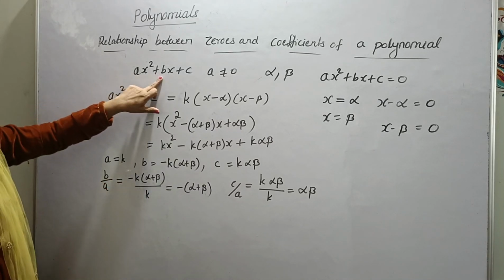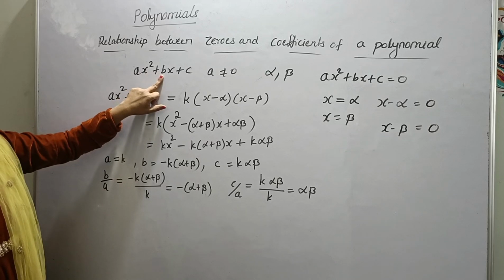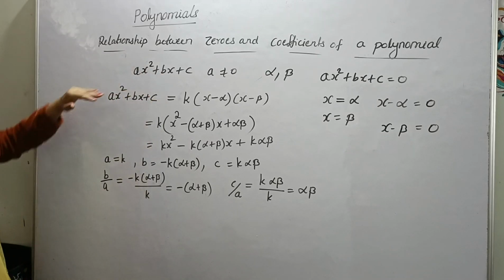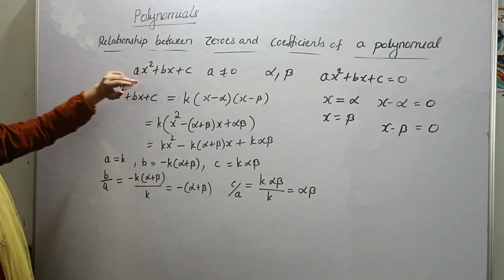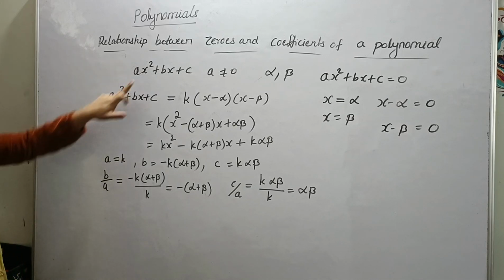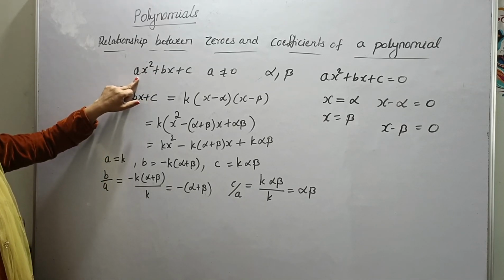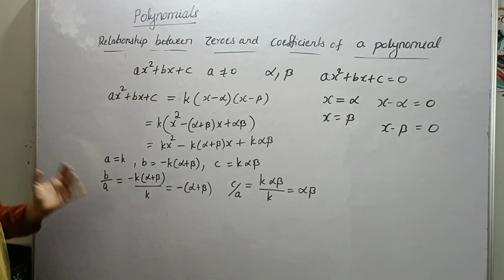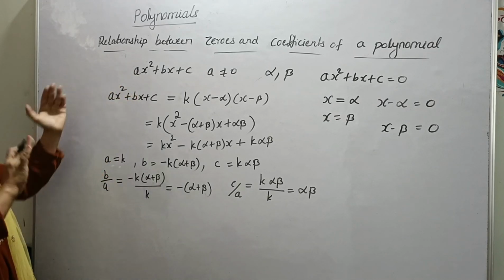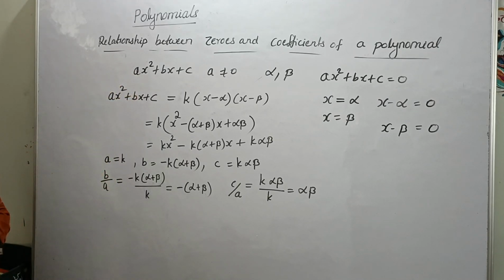Now here see b by a. What is b? b is the coefficient of x. For a quadratic polynomial, b is the coefficient of x. What is a? Coefficient of x square. So what is the relationship between zeros and coefficient of variable or constant term?